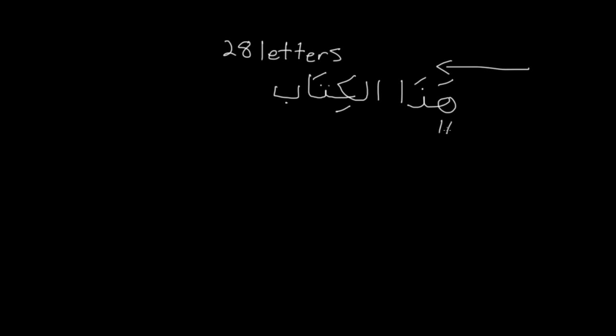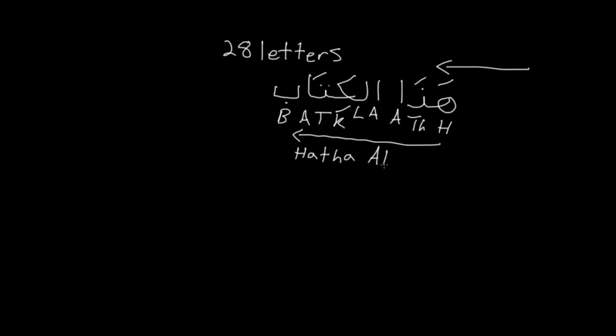So you can see this is an H, this is a TH, this is like an A, this is another A, this is an L, this is a K, this is a T, this is another A, and this is a B. So if you read it right to left, you're going to get something like hada al-kitab. And you can see some of the letters don't show up because they are these diacritical marks. These are just short vowels, and we'll get to all that later.